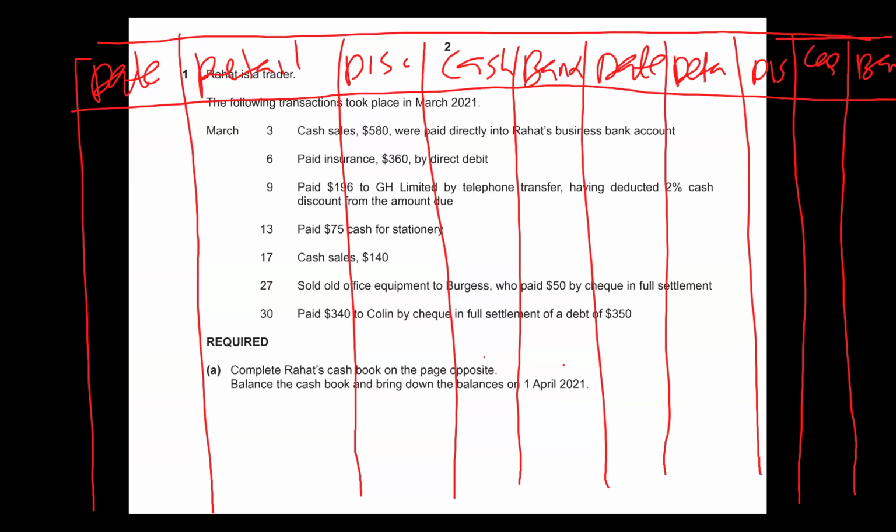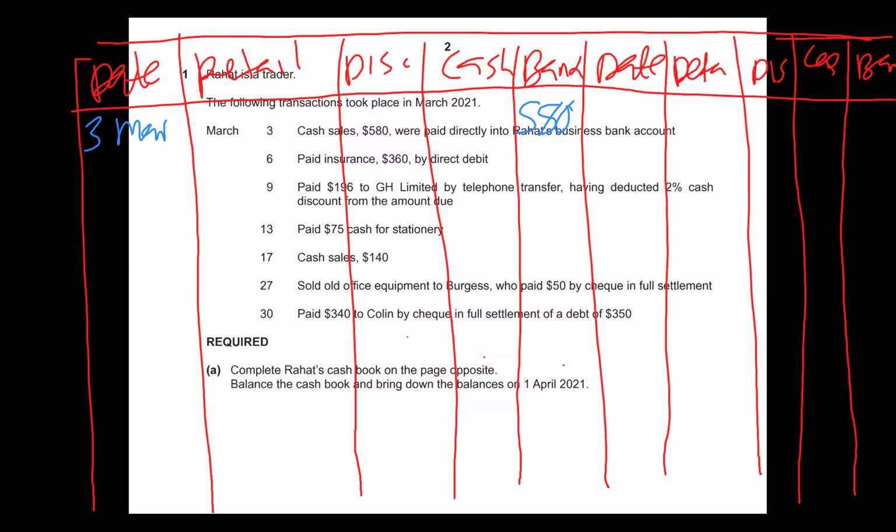It is receiving, right? So we paid directly into the bank account. For that reason, we are going to write the date, which will be 3 March. The bank account is receiving 580, so we'll record it on this receipt side. You understand, eh?